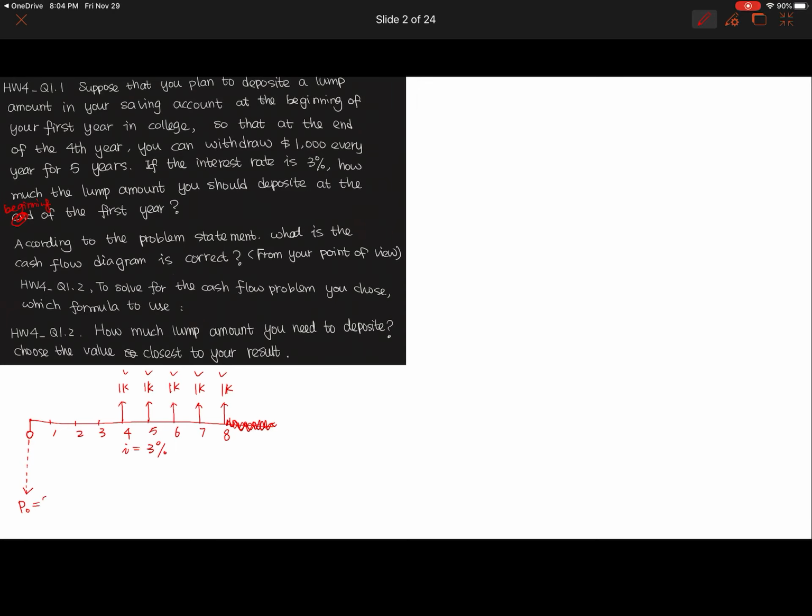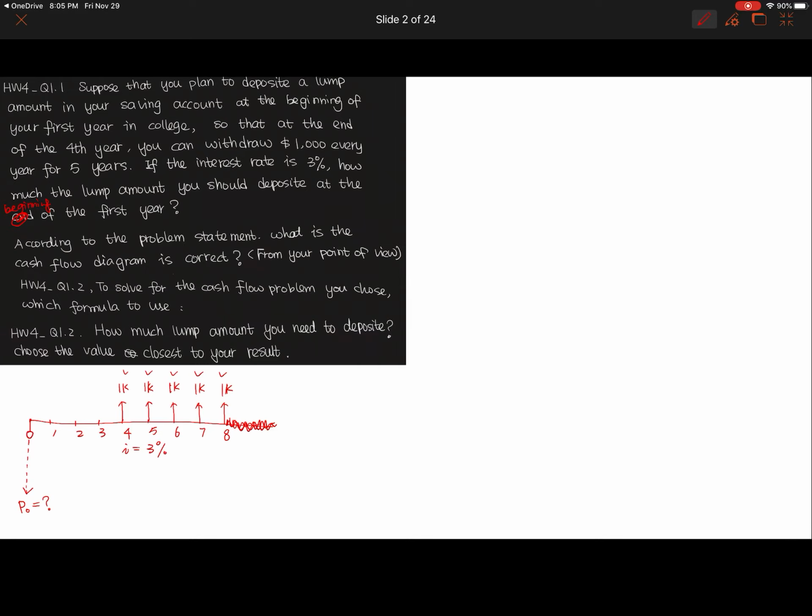So the question is, what is the present value to make this cash flow? The first question is which cash flow is correct. If you can draw this, you will know the answer. The second thing is you want to calculate P0.